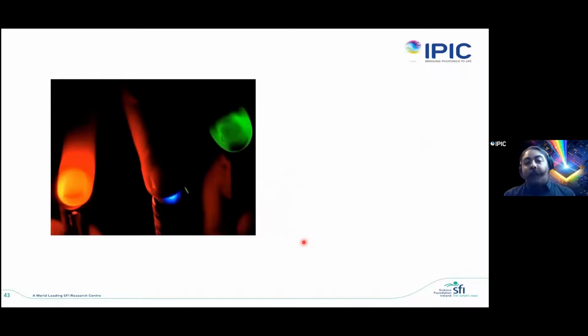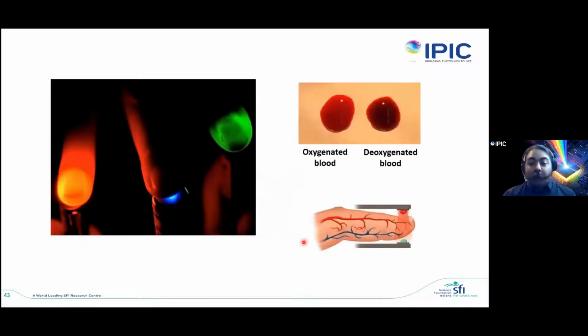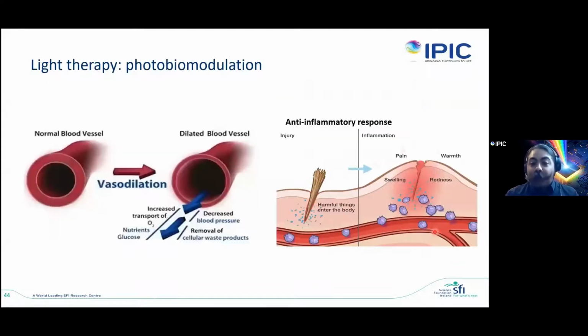And that's why we use red light in pulse oximeters to see the difference in oxygenated and deoxygenated blood. There's also the reason why we use red light to reach blood vessels in the skin, for example, for photobiomodulation and anti-inflammatory responses based on vasodilation.